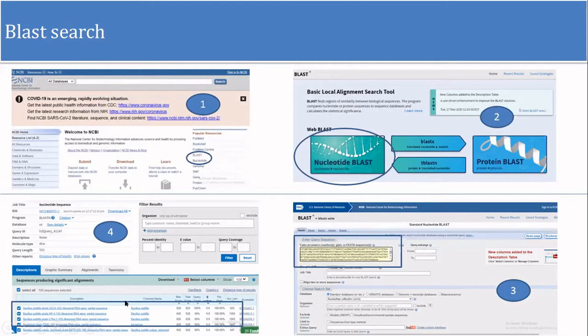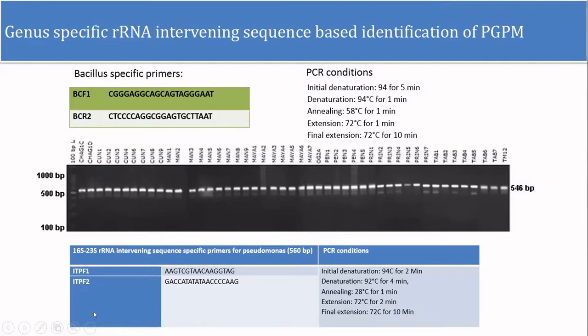That's why it's showing 100% homology, and this is showing it as a Bacillus subtilis strain. So based on that, you could know that the organism you are going to work with is Bacillus subtilis, or Bacillus amyloliquefaciens, or some other strain.